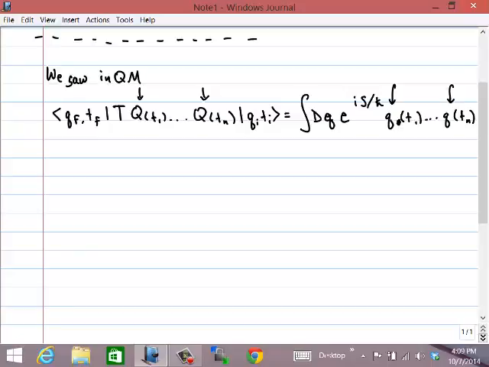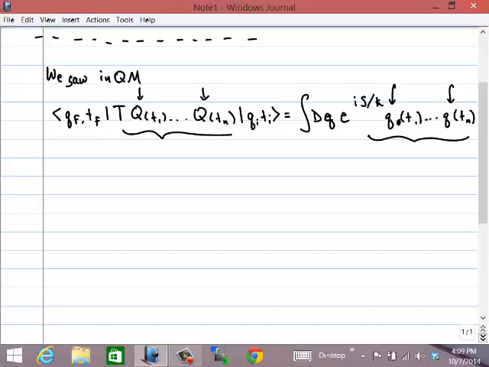And the point of the path integral is that we've replaced this expression on the left-hand side in terms of operators with an expression on the right-hand side only in terms of these functions q. So there are no operators, no Hilbert space appearing explicitly anywhere in the path integral formulation.